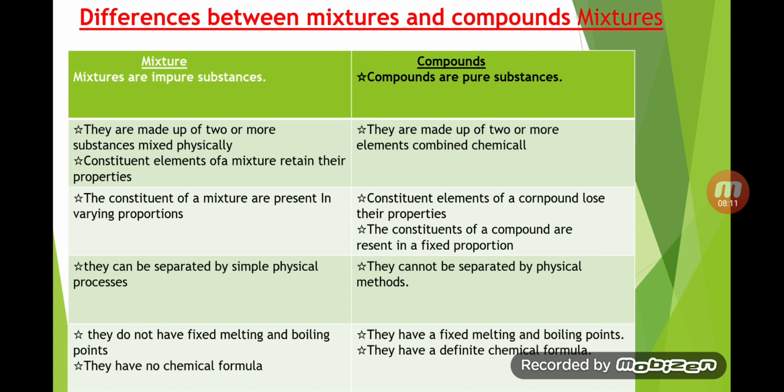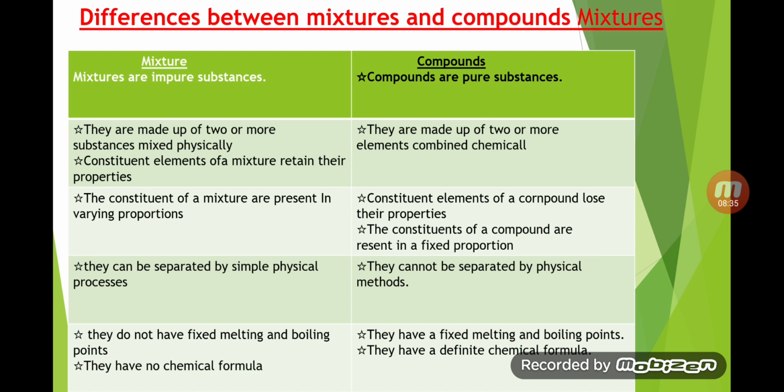Mixtures do not have a fixed melting and boiling point. Different mixtures have different melting points and different boiling points. But in the case of a compound, it has a fixed melting point and boiling point. Mixtures do not have any chemical formula. After mixing sugar in water, what is the formula?